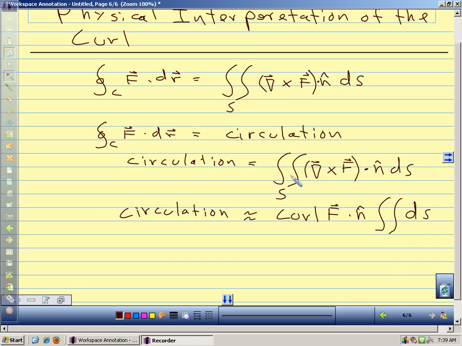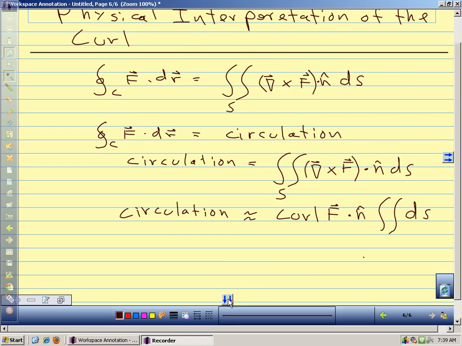So we're saying that the surface is tiny enough that f and our normal vector are constant over that little piece of surface. So the circulation is approximately the curl of f dot the normal component times the double integral of ds.